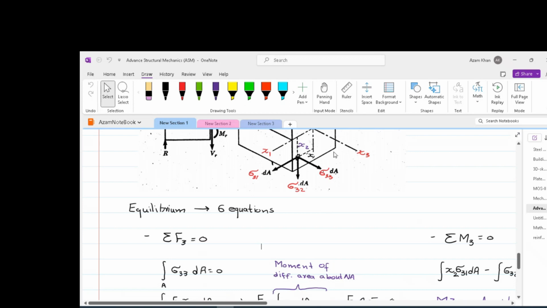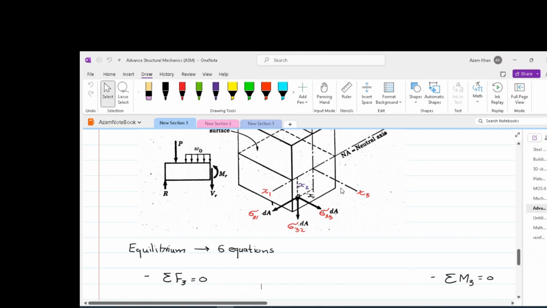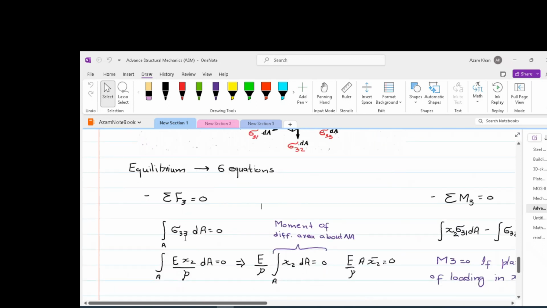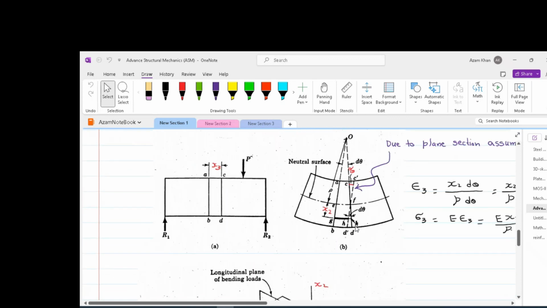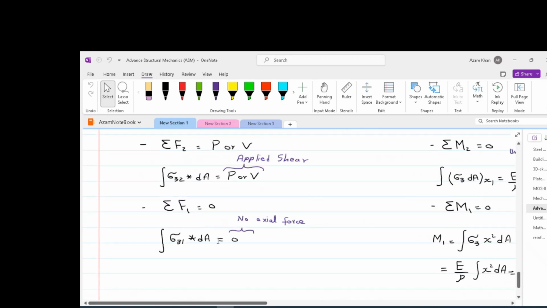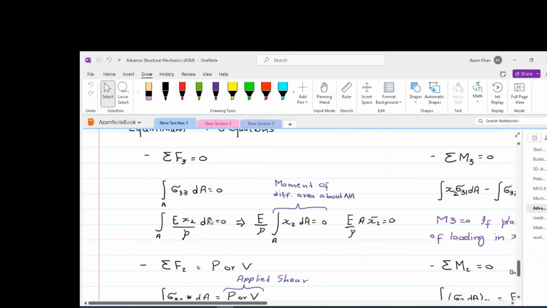So that means that our small area dA times sigma 33, which is a force on differential element dA, has to be summed up for the whole cross section in order to get the total force in the direction of x3. Sigma 33 has been derived as E x2 by rho. So plug and chug and we get the integral of E x2 by rho dA. Now E and rho, E being the modulus of elasticity and rho being the radius, are constant for any cross section.